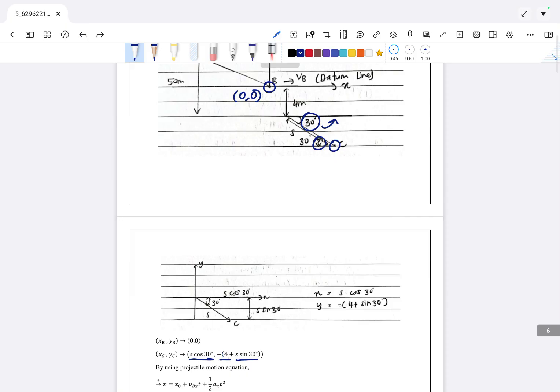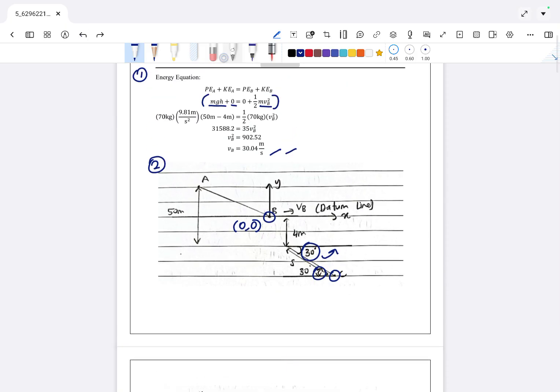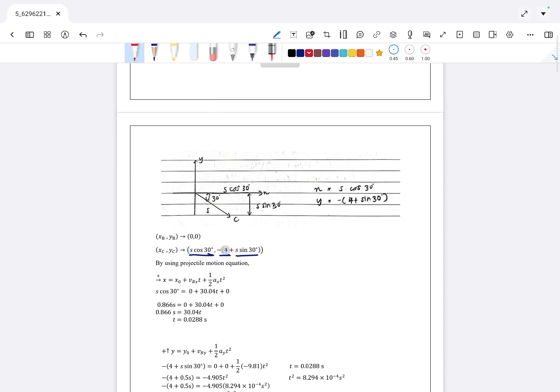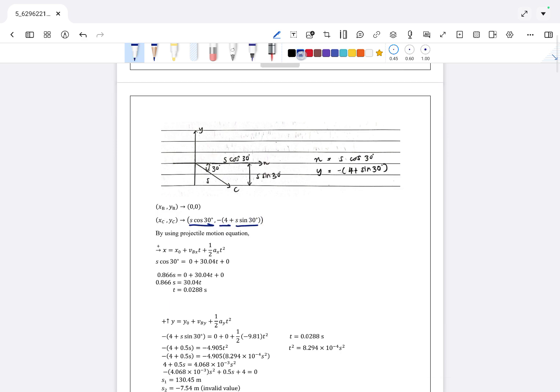It is because first we find this distance here, which is s sin 30, but the distance we want is from B to C, so we need to plus 4 because there's 4 here. And why is it negative? Because it's going downward, so that's the reason it is negative in bracket 4 plus s sin 30.